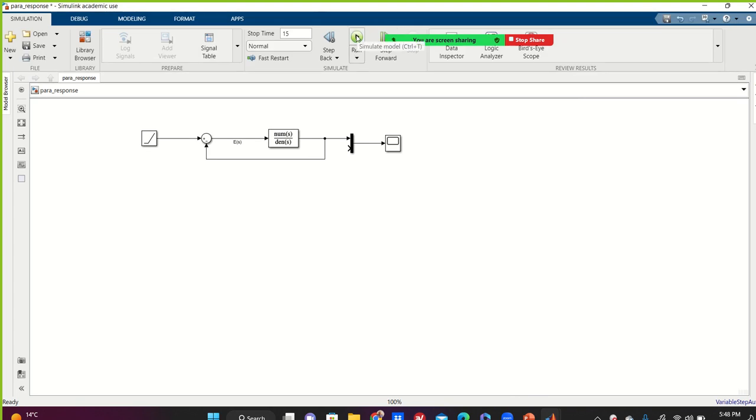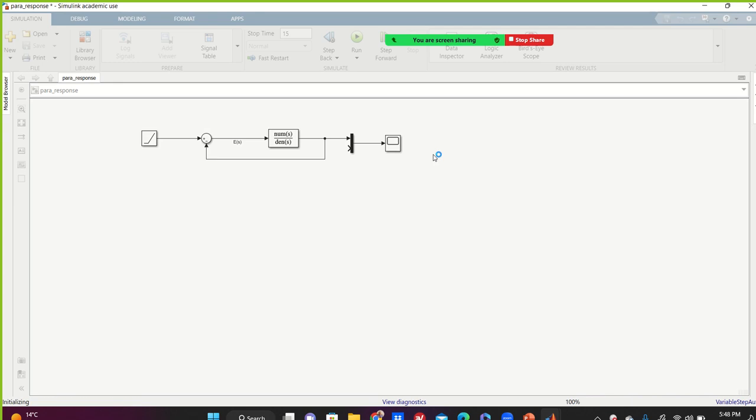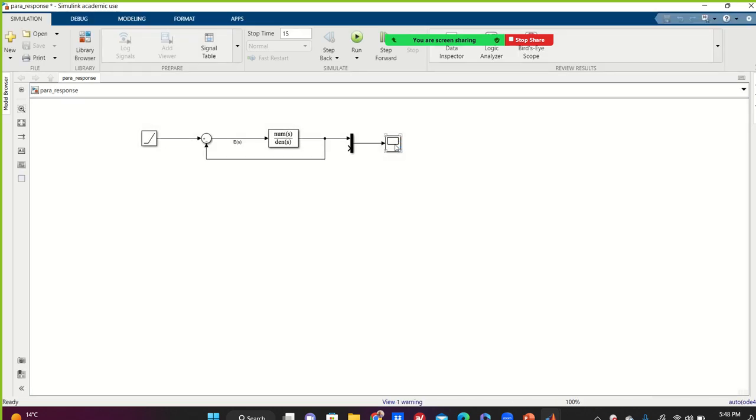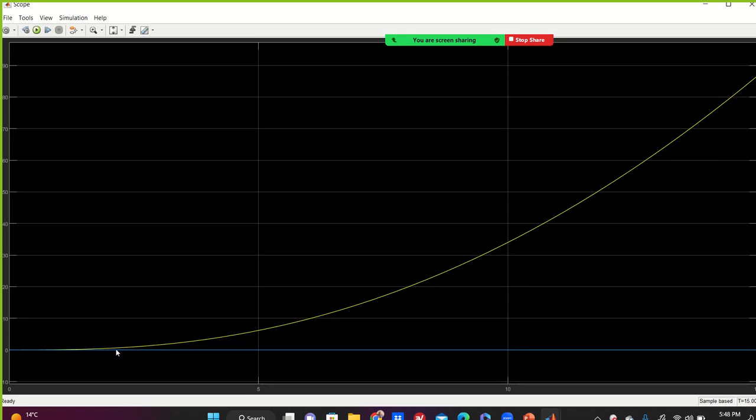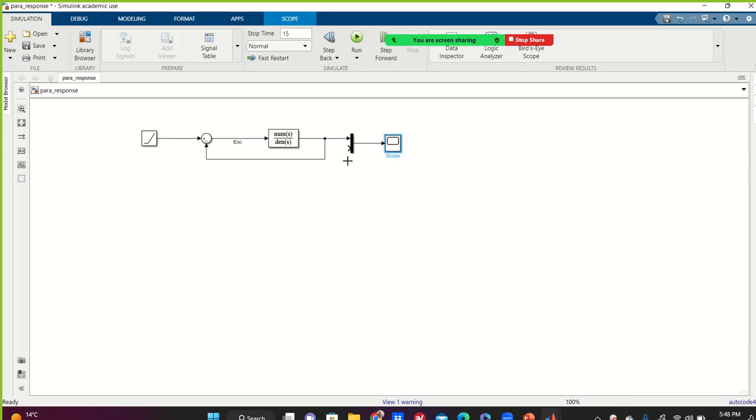So if I run this, you see that this is the parabolic input response, as we saw. This blue line is because there is no connection here.